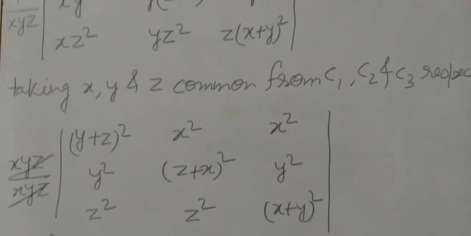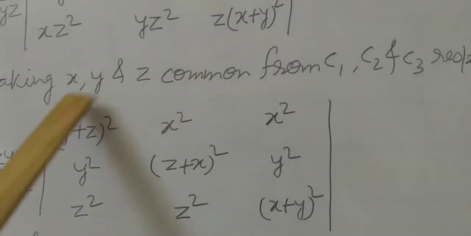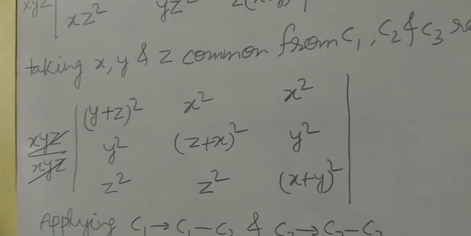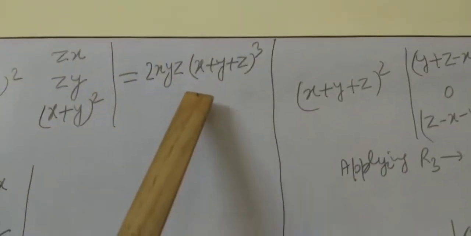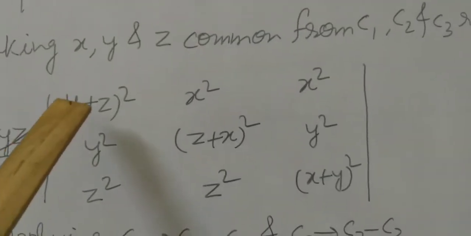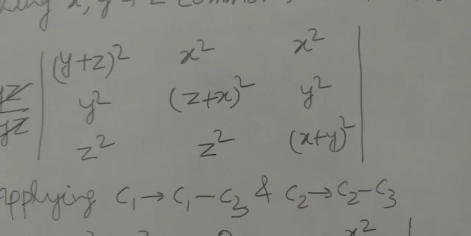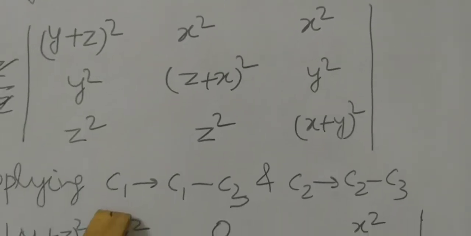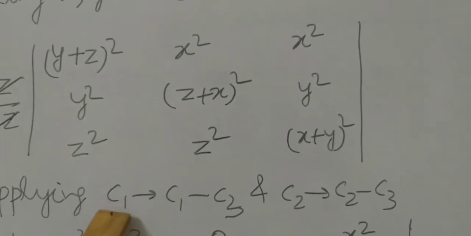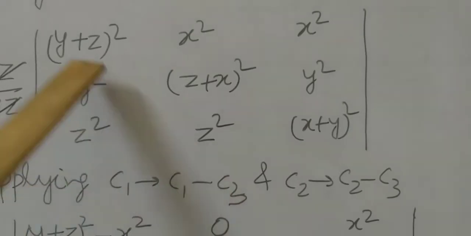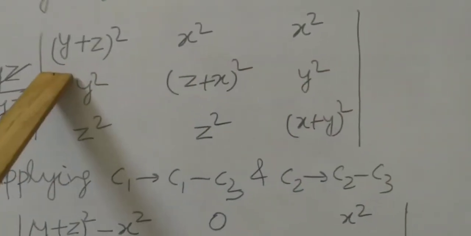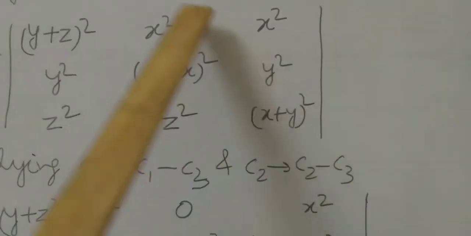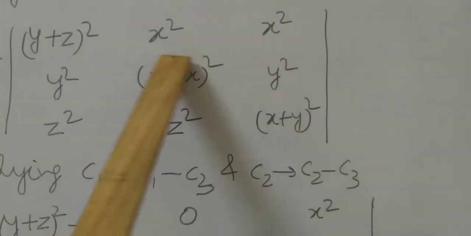Okay, now you can see we have changed all terms into square. Correct? Now, students, as you know that we need x + y + z. So to get x + y + z, I am going to use this property: C1 tends to C1 minus C3, and C2 tends to C2 minus C3.